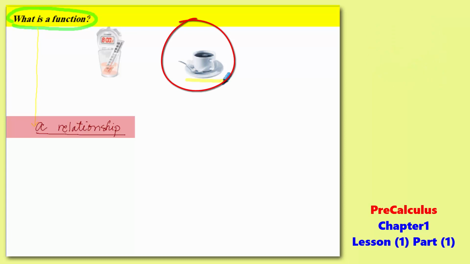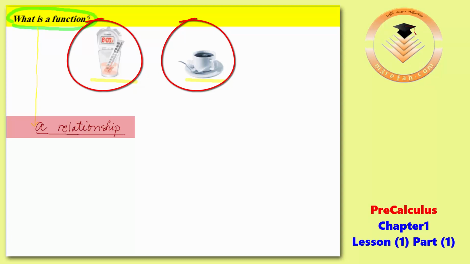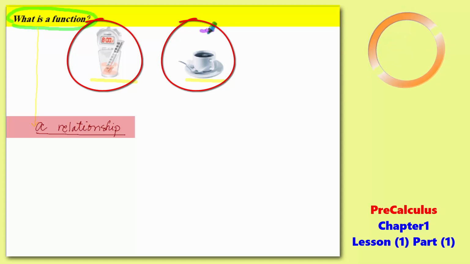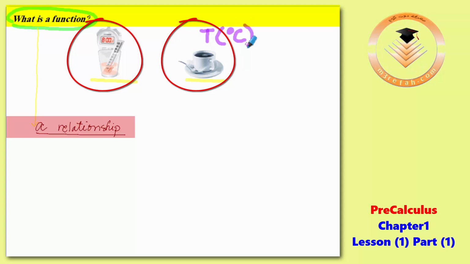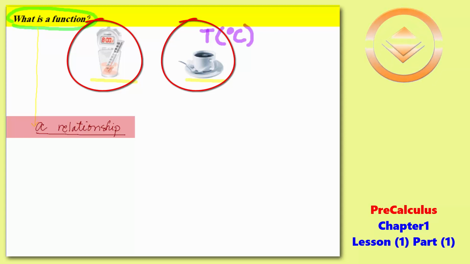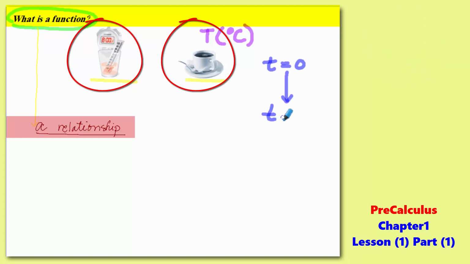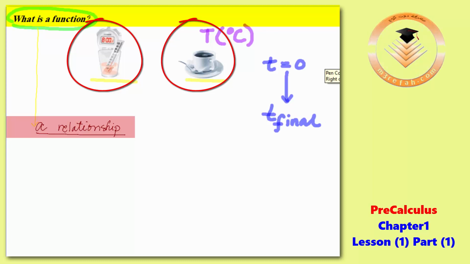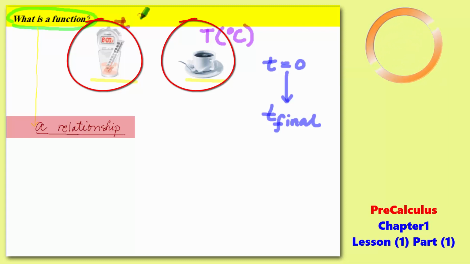And since you are a beginner in algebra, you want to test the relationship between the coffee cooling temperature, in degrees Celsius, from the time it was served at t equal to 0 to a certain point in time, a certain t final. And of course, we are also going to observe the timing. Let's say this is t, and this is in terms of minutes.